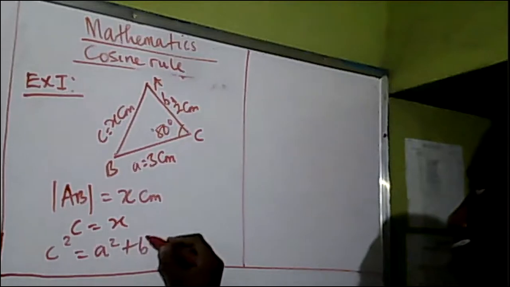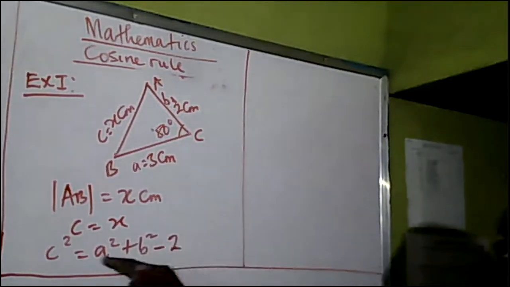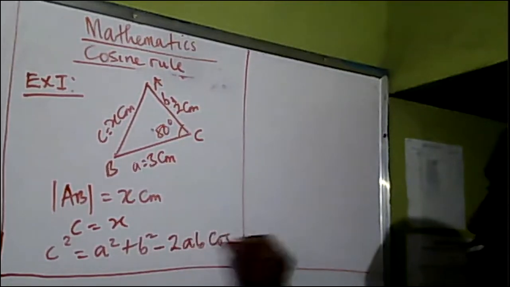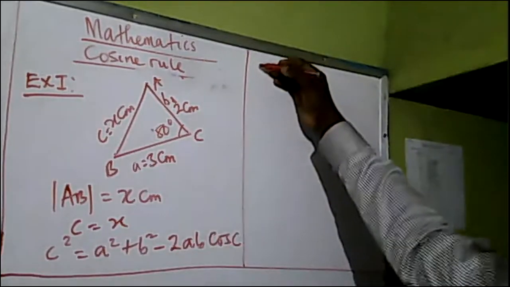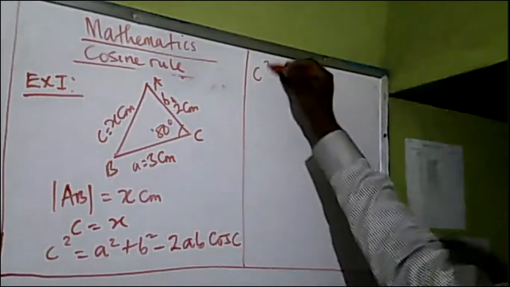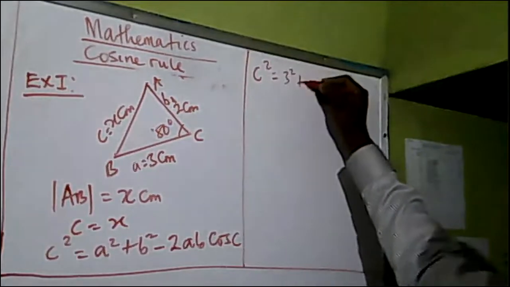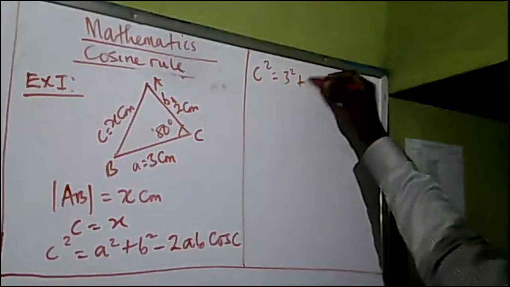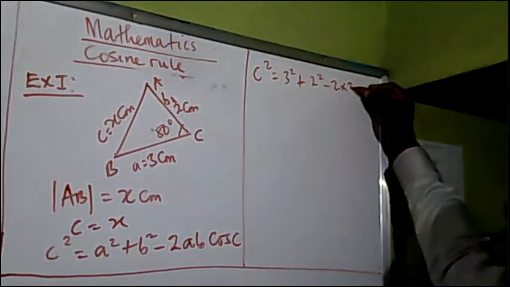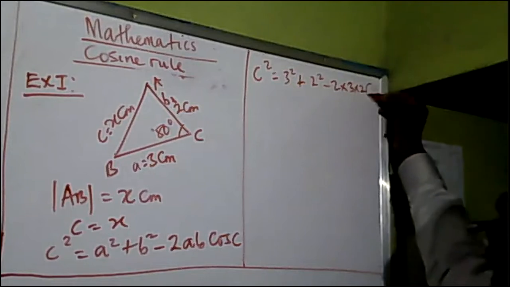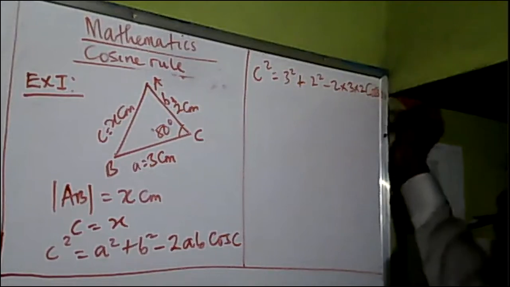a squared plus b squared minus 2ab cos c that was given to you. So just fixing the formula there, c squared is equal to 3 squared plus, what's b? 2 squared minus 2 times 3 times 2 cos 80.